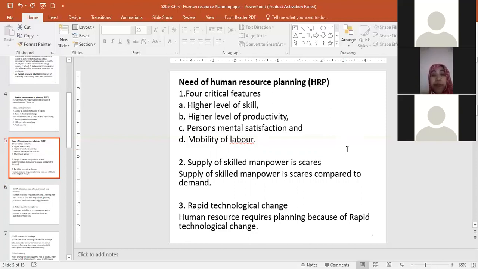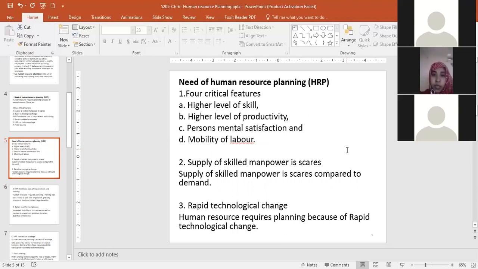Okay, so for a higher level of skill, a long period of time is required to get exposed to fulfill a skilled employee. Okay.